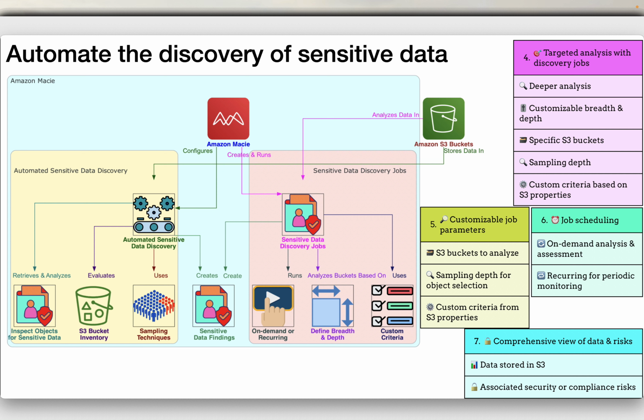Both automated sensitive data discovery and sensitive data discovery jobs help you build and maintain a comprehensive view of the data of your organization, wherever it is stored in Amazon S3, and any associated security or compliance risks.